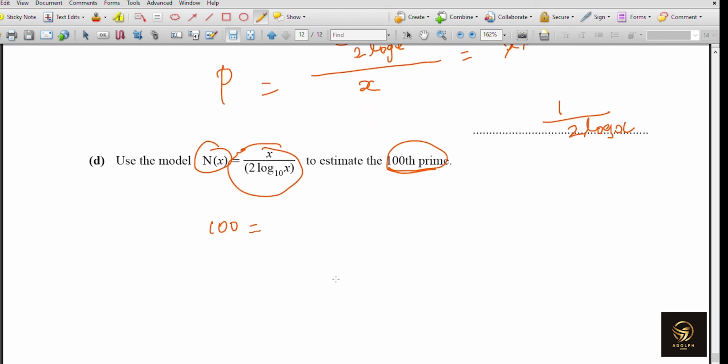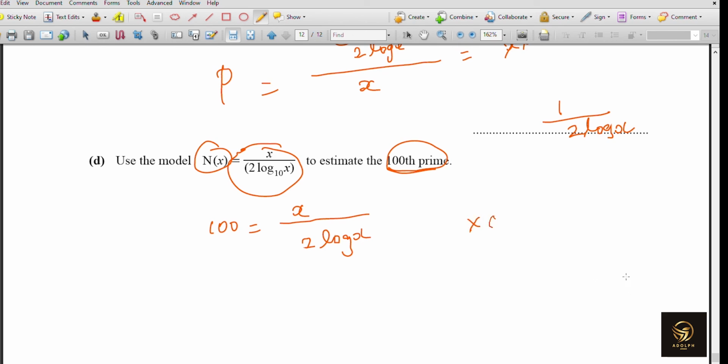So 100 equals x divided by 2 log x. You will ask how to solve this. Why do we have a GDC in our hand? Just draw the graph of x divided by 2 log x. They gave the y value and are asking for the x value.